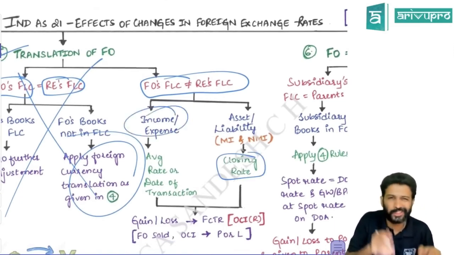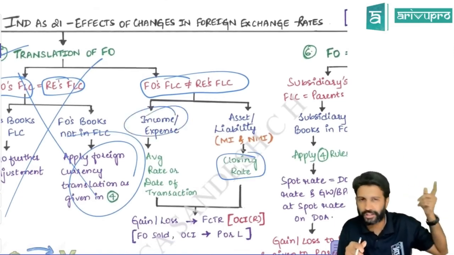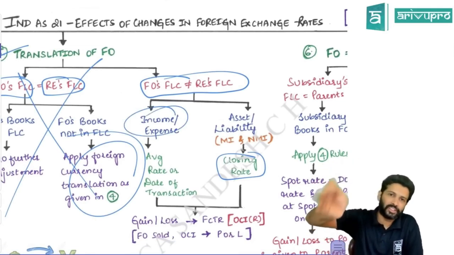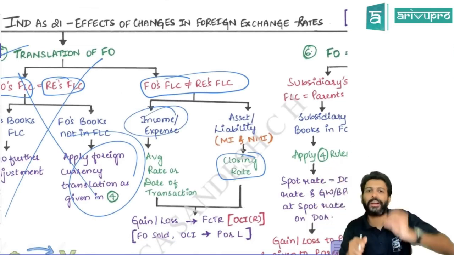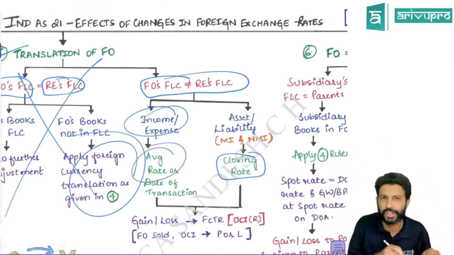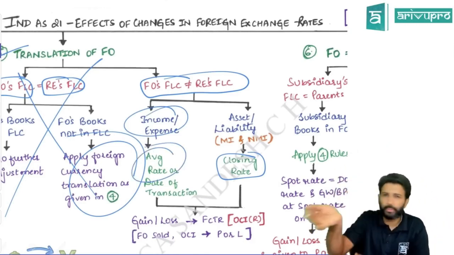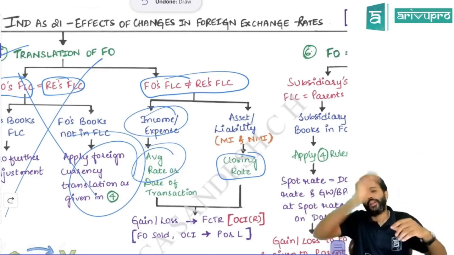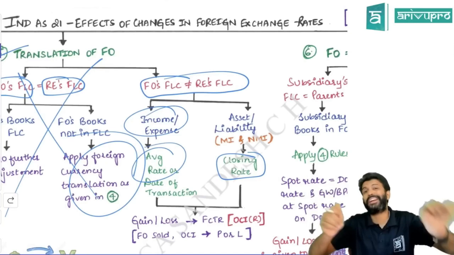Usually in these problems they'll give you a trial balance, so you'll have asset, liability, income, expense, everything. All income and expenses you'll convert at the average rate, since the transaction date rate will mostly not be available.